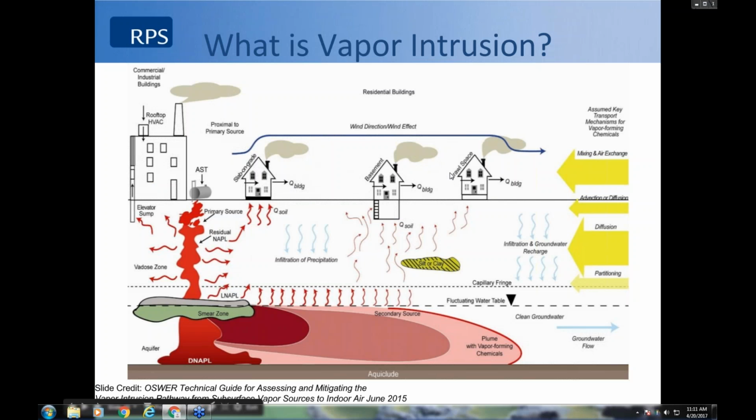So the things I'll point out for now, and we can talk about this in a little bit, will be at some point you had a release of something into the ground. That was able to seep into the soil, maybe it reached down to the groundwater, and it's seeping into the surrounding buildings. How those buildings are built has an effect on it, including does it have an elevator, how is the HVAC system working, does it have a basement. So we'll get into all of that here in a little bit.